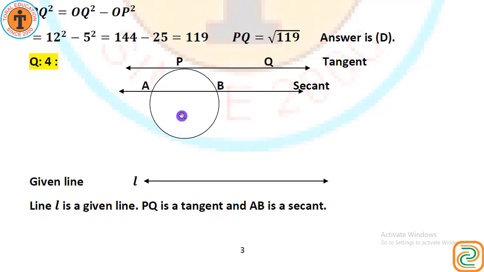Here the given line is L, and two other lines are parallel to L. So PQ is the tangent and AB is the secant. These are two lines parallel to the given line L. One of them is a secant and the other is a tangent. This was our simple answer.